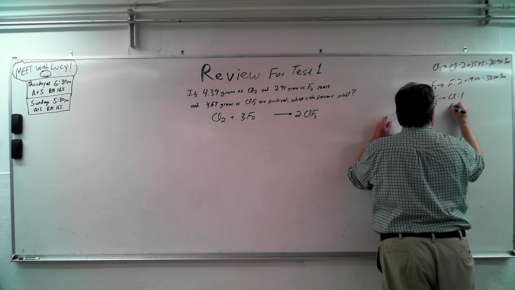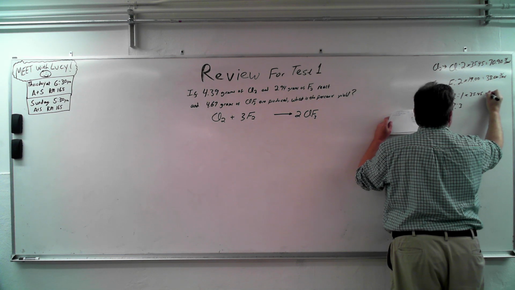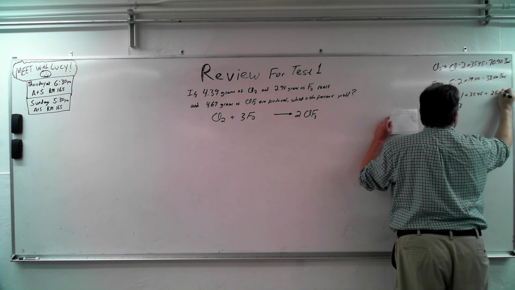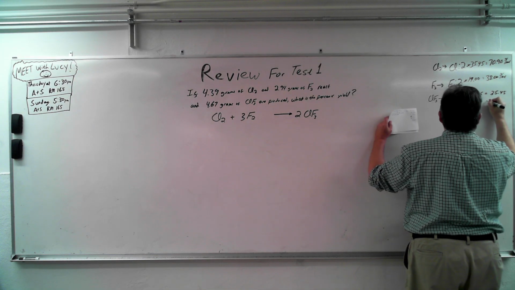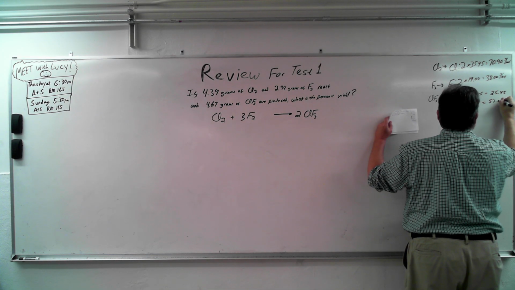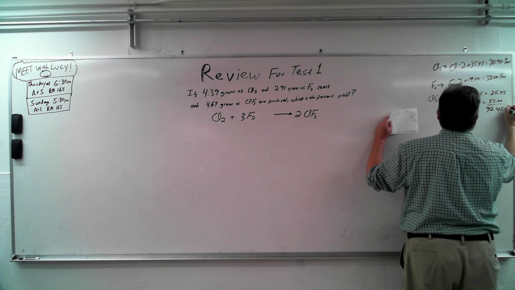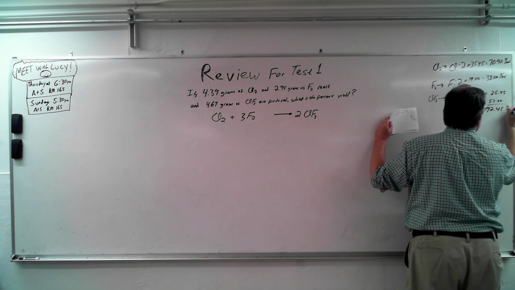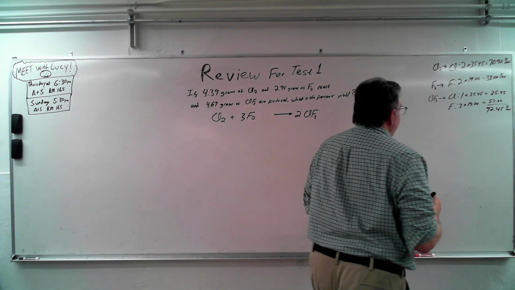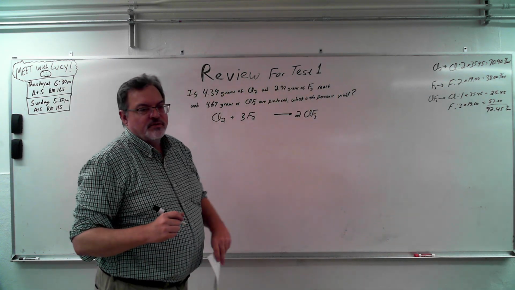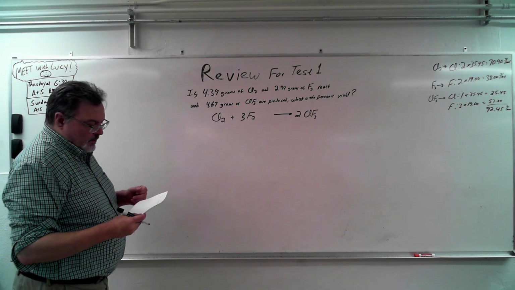Cl, there's one of them. F, there's three of them. And 3 times 19 is 57. And that adds up to 92.45 grams per mole. So you're going to need those. I might give you those for the test just to save you a step. So look for the grams per mole.